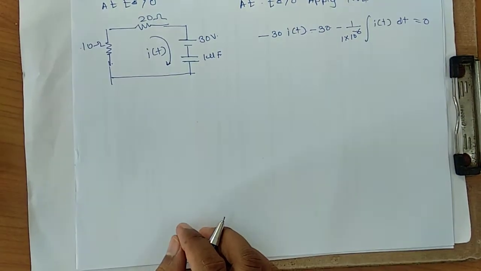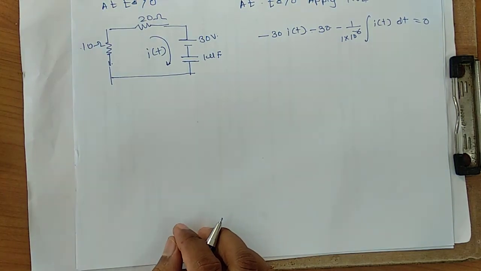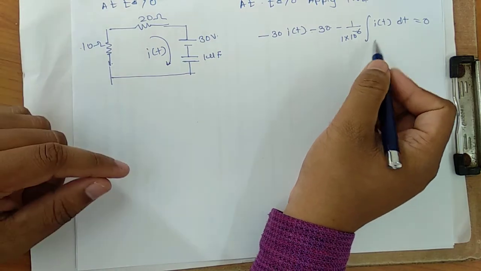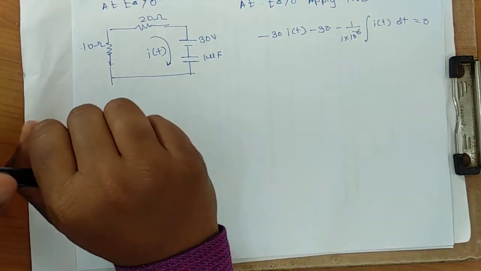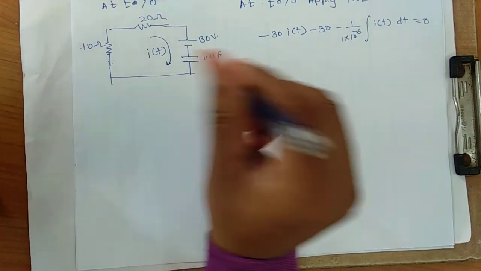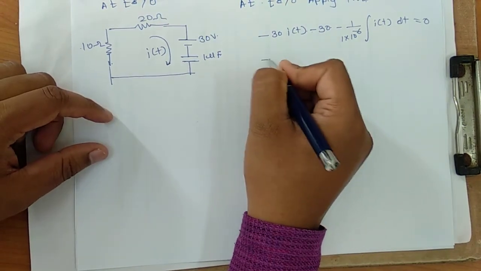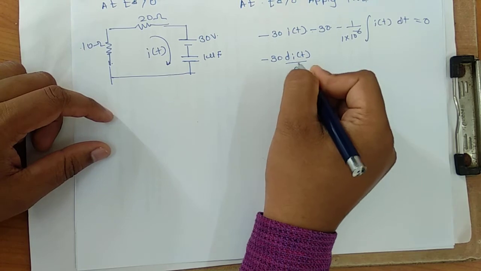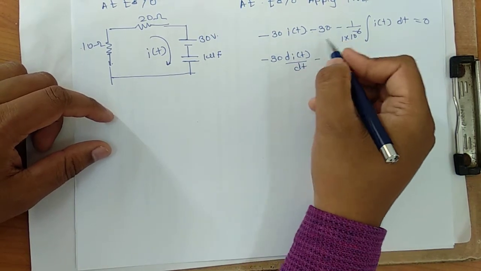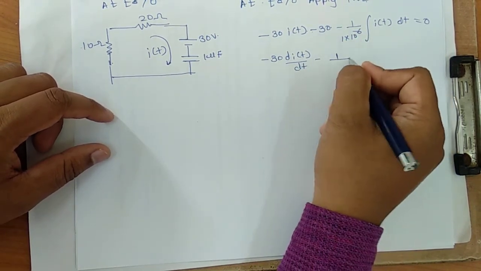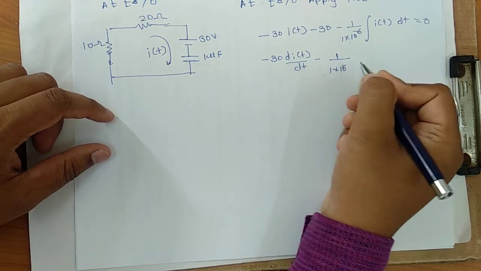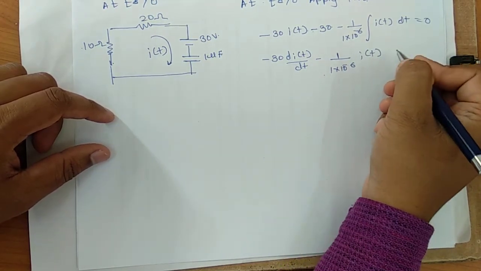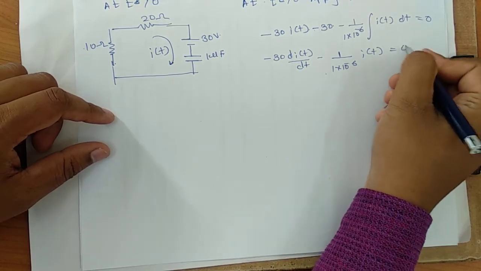That is the way you have to write the KVL equation for t greater than 0. But we don't want this integration inside the equation, so you have to differentiate it again. Differentiating: minus 30 dI of t divided by dt, minus, the 30 being a constant, 1 upon 10 raised to minus 6 into I of t is equal to 0.